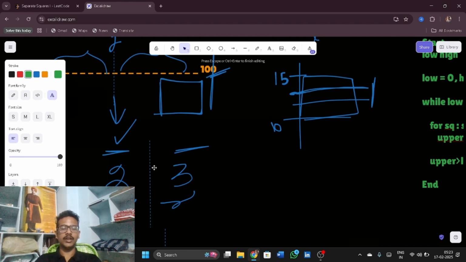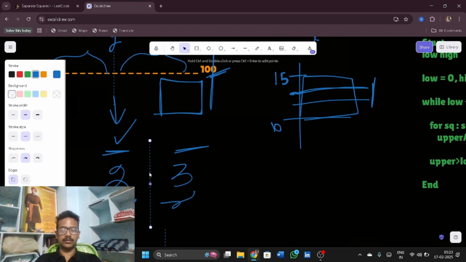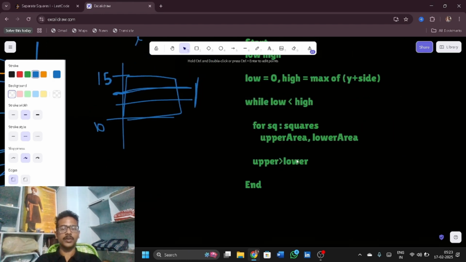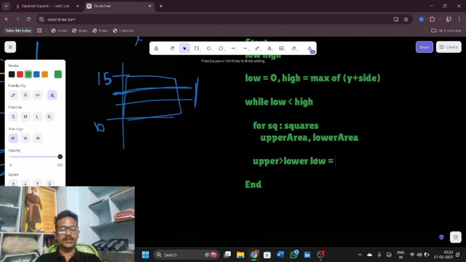That means I need to go to the right side, so low will be initialized to mid, or else high is initialized to mid. So this is how you solve this problem. But there is an error here. Now I have low lesser than high, and I am calculating the squares.